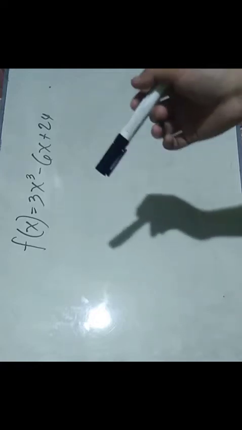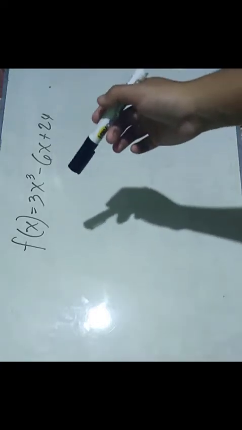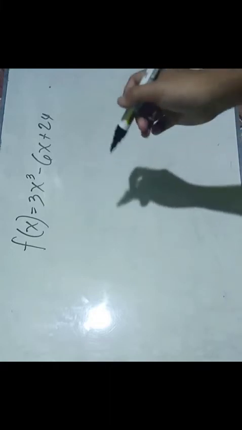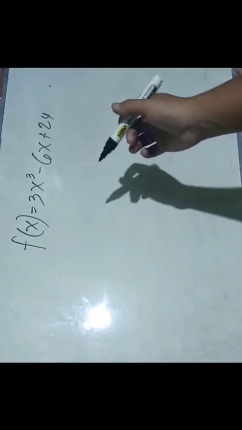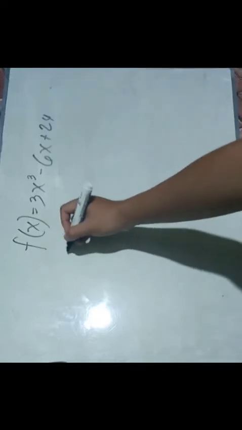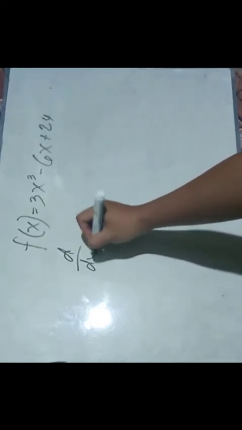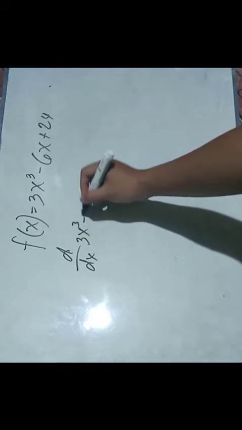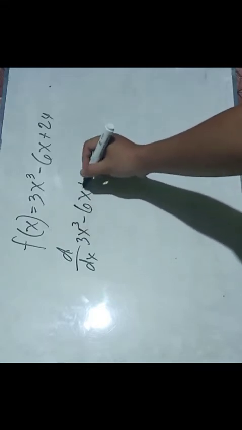So in our next example, we have f of x is equal to 3x cubed minus 6x plus 24. Since it was already simplified, then we will just get its derivative. So the derivative of 3x cubed minus 6x plus 24.